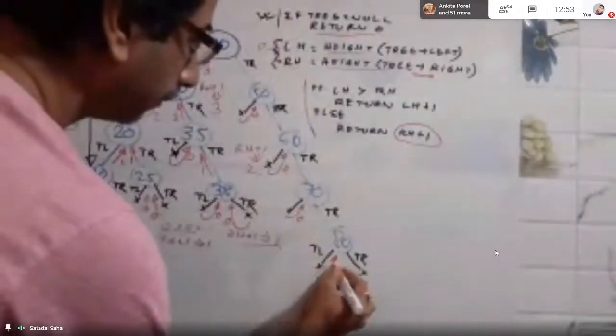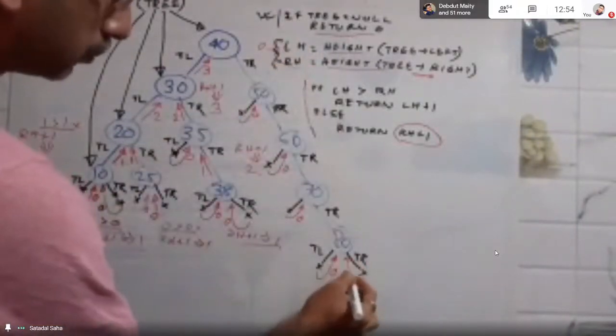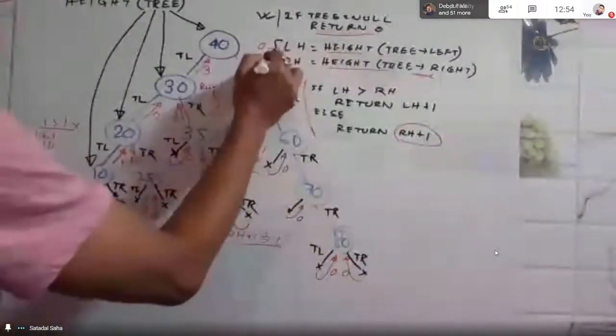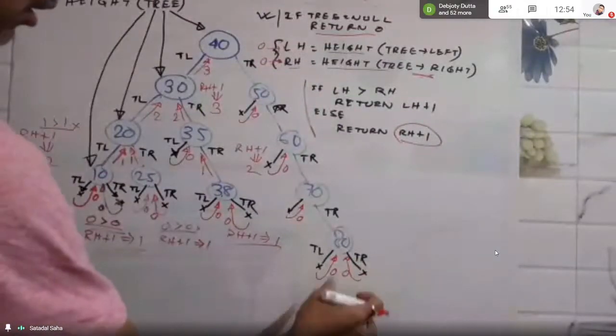Then it will call the right subtree, which also returns the value 0. So sitting at 80, it will get 0 and 0 from the left and the right subtree. Now there is no more call, so it will trace back.